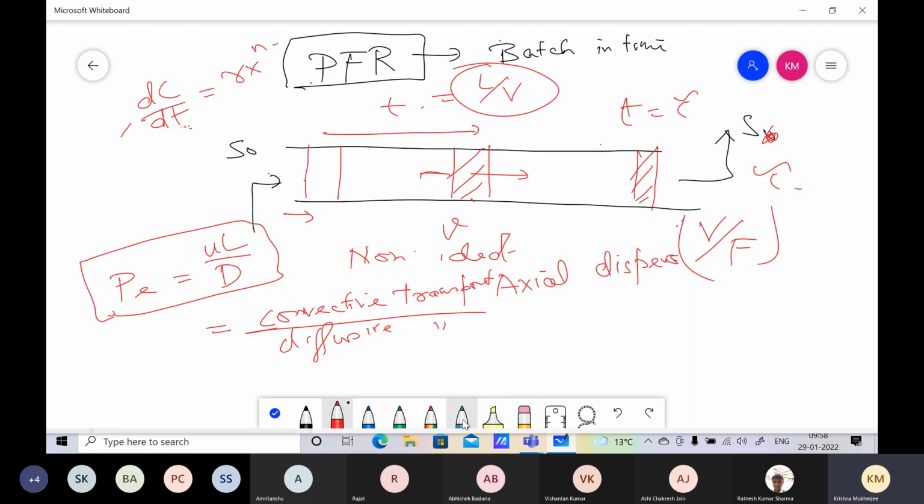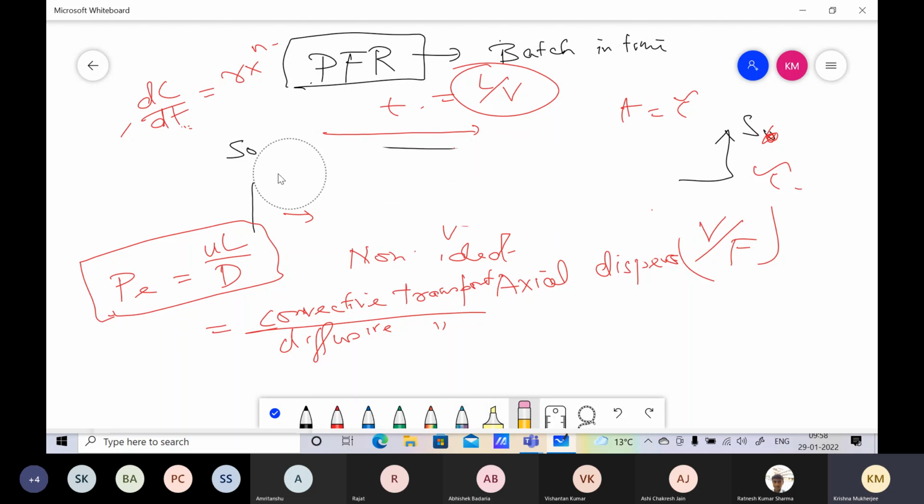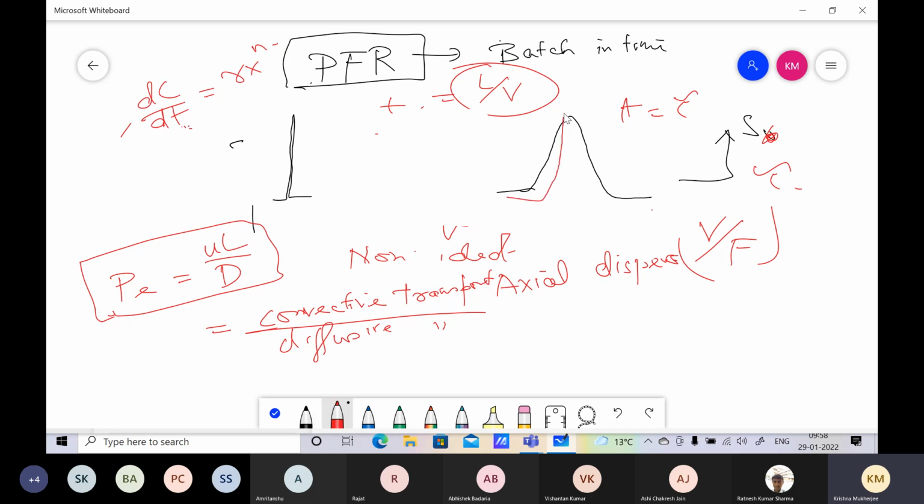So as you can see, the inlet is a perfect pulse, and the outlet profile is given by the RTD, which will be like this. If you have a very high Peclet number, then your profile will be like this. But if you have a bad Peclet number, you have a profile like this.